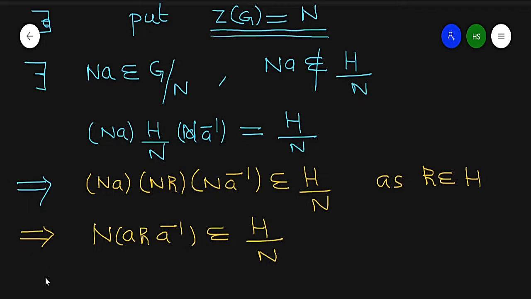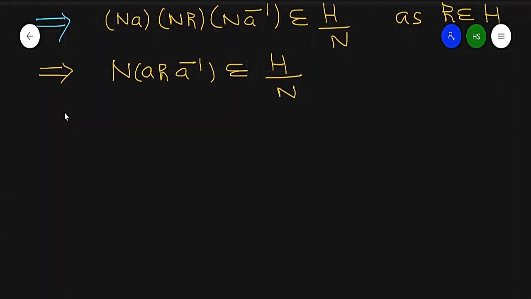If N into this belongs to the quotient group, then A H A inverse belongs to capital H, as small h belongs to capital H.